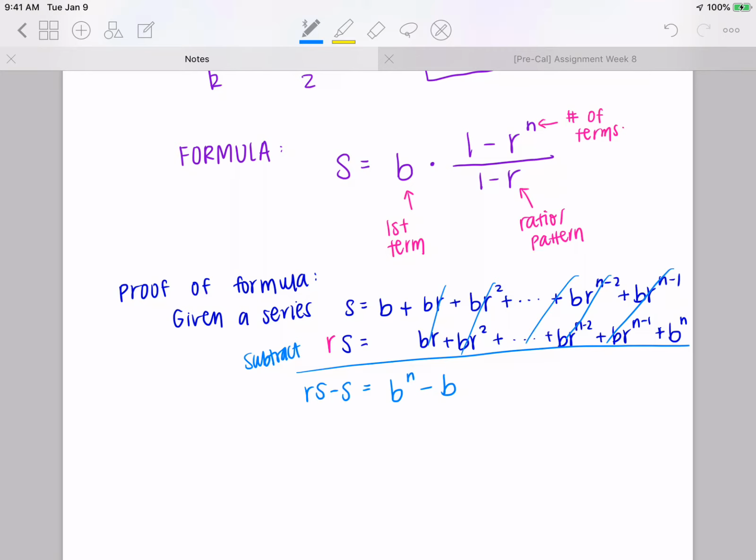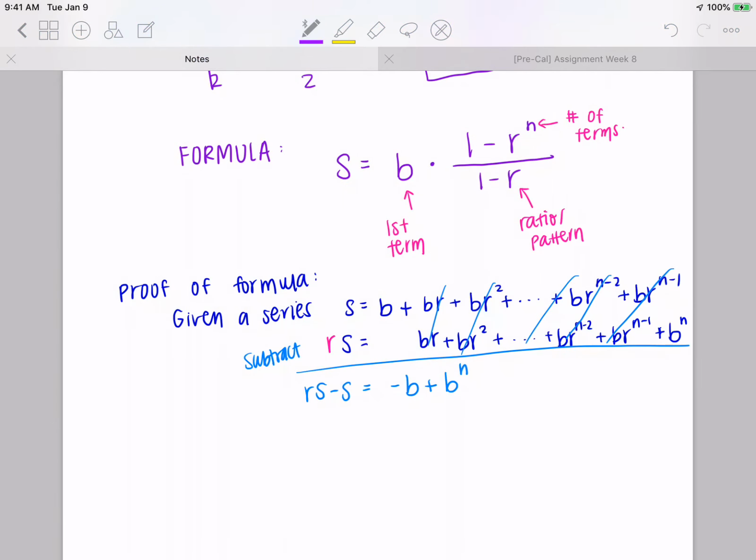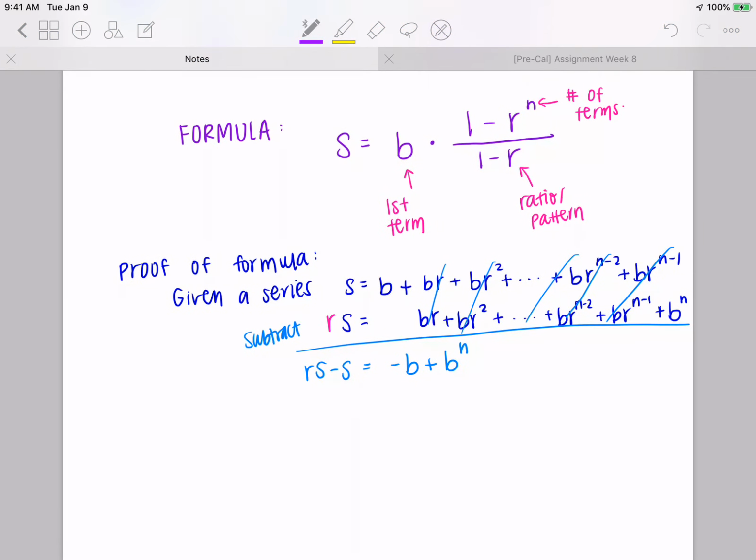Okay? And then, actually, I'm going to write it as negative B plus BR to the n, which is the same thing. But it's going to kind of match our formula up there. Okay? And then with what we have, we're going to try to solve for S from here. Look at the left side. We have S in both of these terms. So I can actually factor out an S, which gives R minus 1 equals negative, oh, they also have B in common.